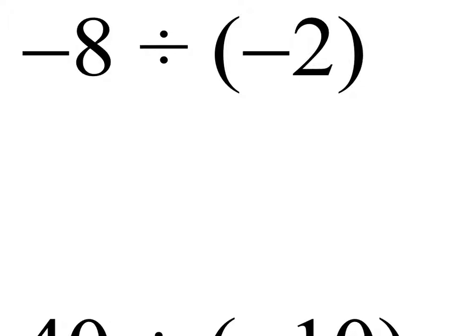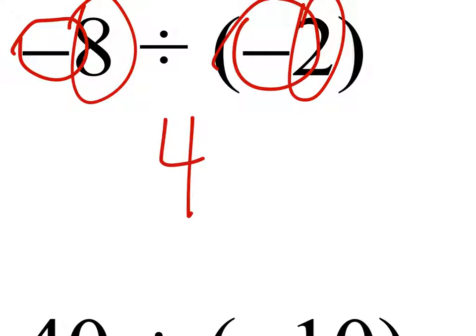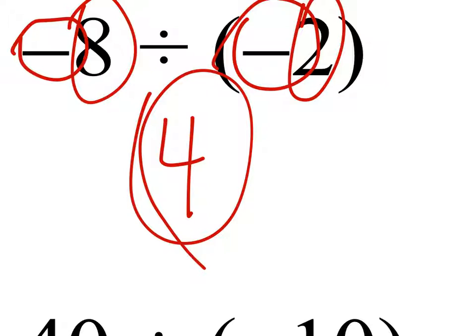Okay, so with this one, since it has 2 negatives, you just divide 8 by 2, which is 4, and since it has 2 negatives, they would cancel each other out and be 4. So not negative 4, but 4.